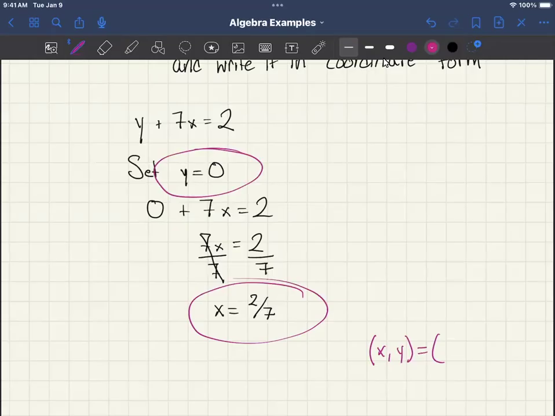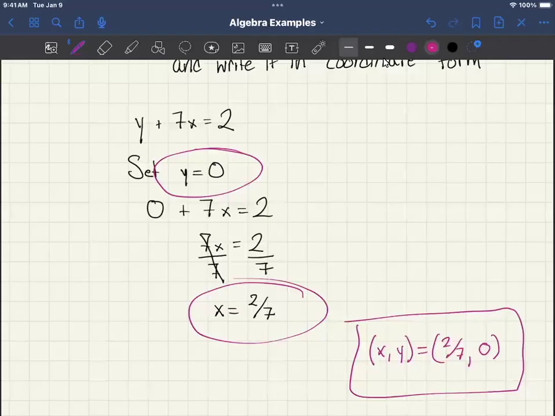That is going to be 2/7. And our y value we have circled, that is 0. So there is our solution there. Our xy coordinate is 2/7 comma 0, and that is the x-intercept for this particular graph.